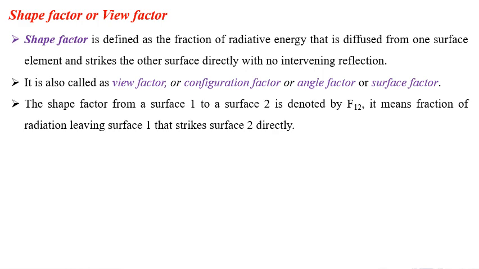By any name they can call, but finally you should know the view factor of surface 1 with respect to surface 2 is denoted by F1-2 or Fi-j, and is defined as the ratio of radiation energy leaving surface 1 or i that strikes surface j or 2 directly, to the total energy leaving surface i.